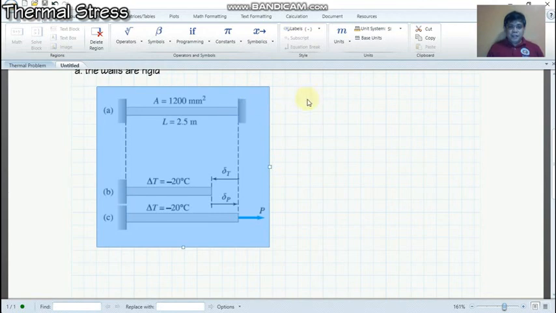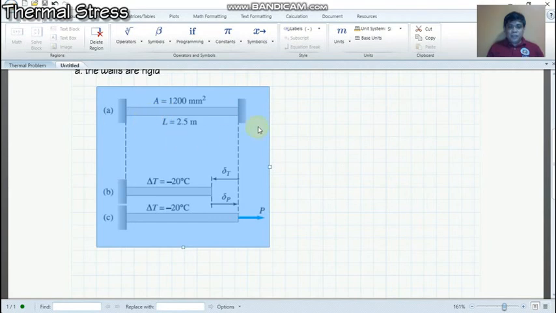Because if the bar is allowed to contract, it will have a shorter length, but since it's not allowed to contract, it maintains the same length. Therefore, the bar now will be in tension.